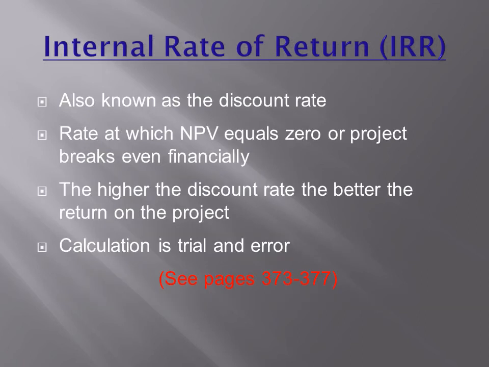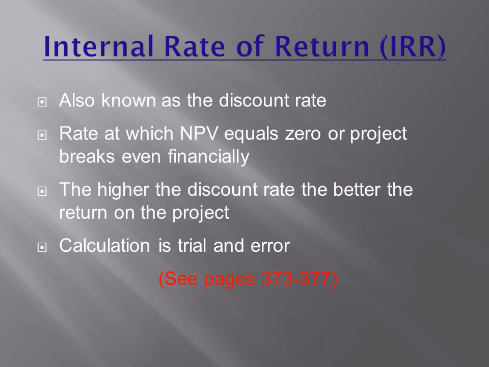The internal rate of return is also known as the discount rate, and it is at the point where your net present value equals 0 or is very close to 0. The higher the discount rate, the better the return on the project. Another concern is that the calculation of this valuation method is done by trial and error.